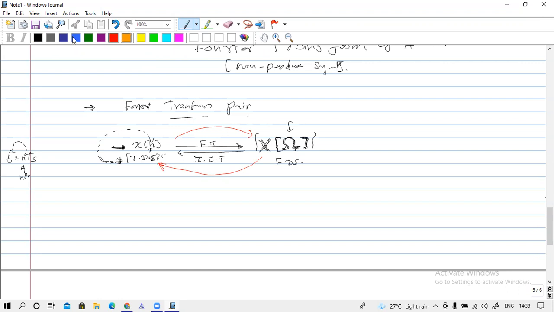So the Fourier transform is time domain to frequency domain conversion, and the inverse Fourier transform is frequency domain to time domain conversion. So this is the Fourier transform pair.